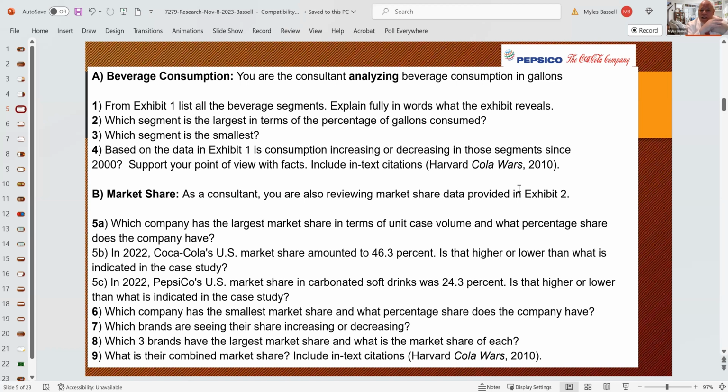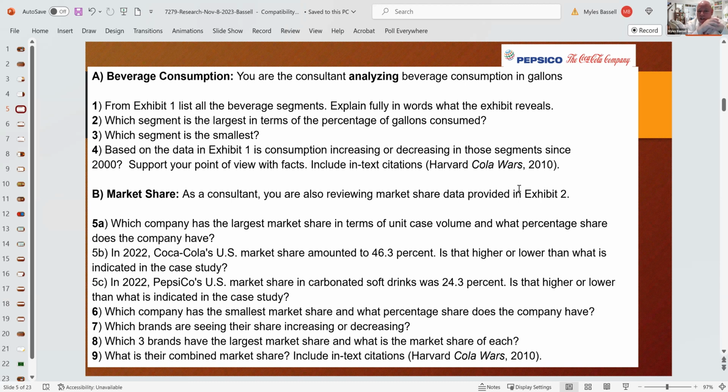The second question is, there's information in that exhibit about the gallons that are consumed, right? Which segment is the largest in terms of the percentage of gallons consumed? Is it carbonated soft drinks? Is it alcohol, beer, wine, or liquor? Is it bottled water? That's what's in that exhibit.